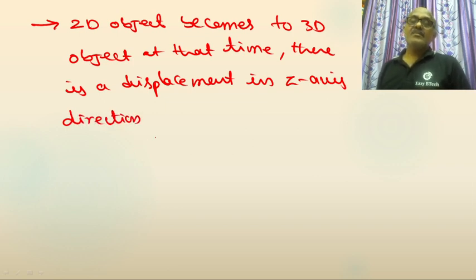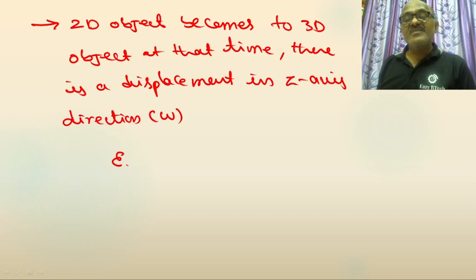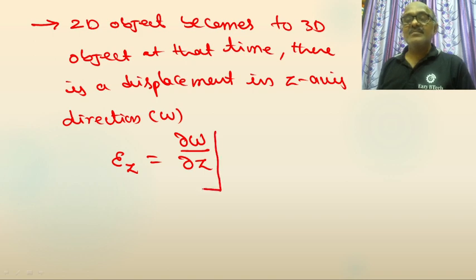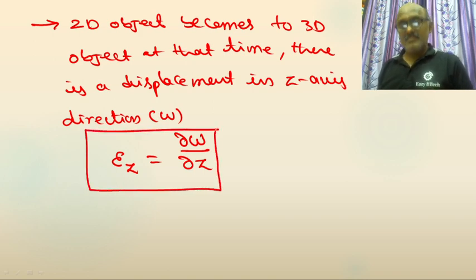That is, the displacement in the z-axis direction is w. Now at this time, the strain in the z-axis direction is equal to dou w by dou z. These are the linear strains.